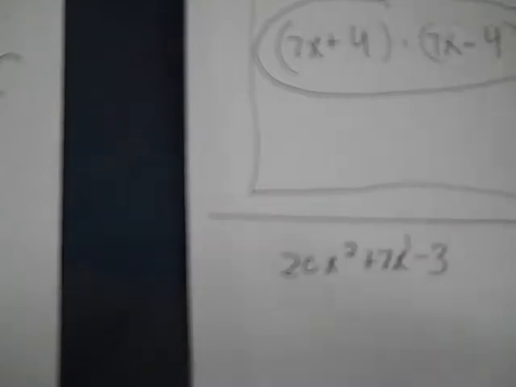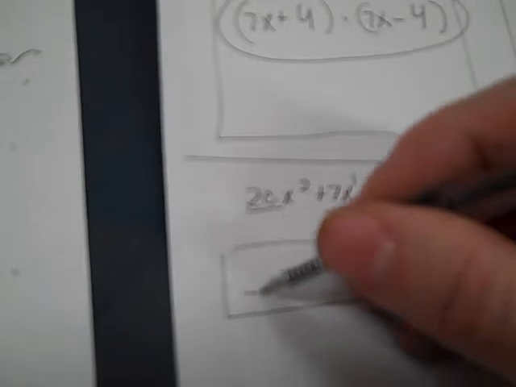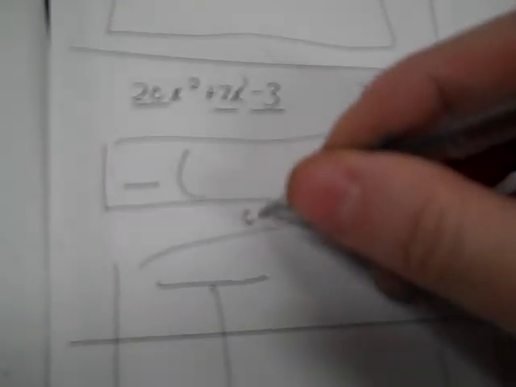Okay, my next problem, 20x to the second plus 7x to the first minus 3. So now I'm back to having 3 terms. Okay, so GCF, same principle.